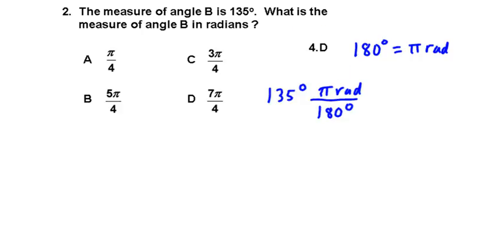And so degree units cancel, and what we have remaining is 135 over 180 pi radians.